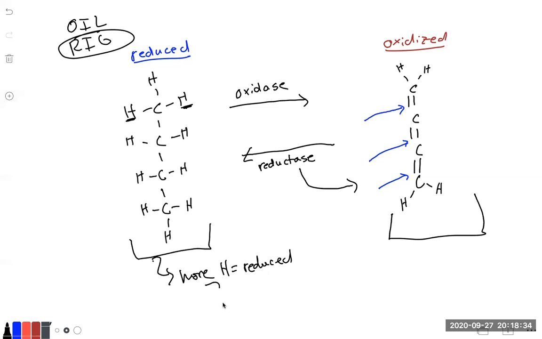Why? Because more hydrogens means more electrons. And remember, oil rig. Reduction is gaining electrons.